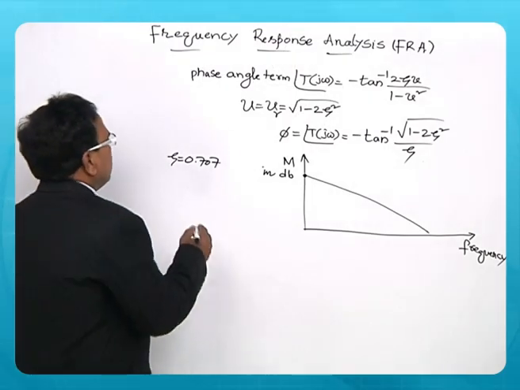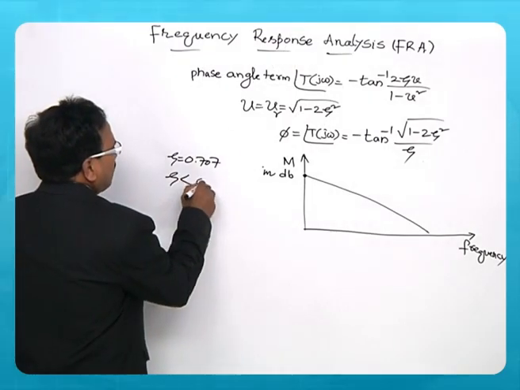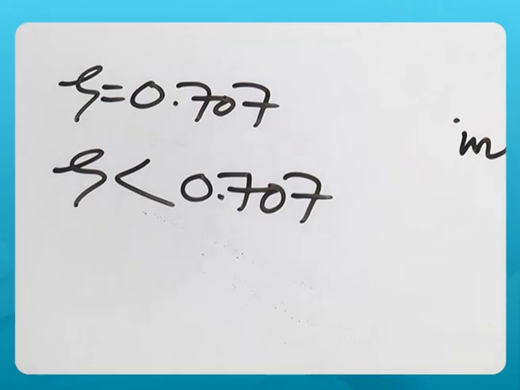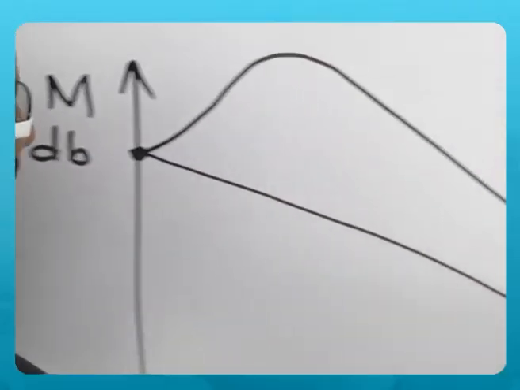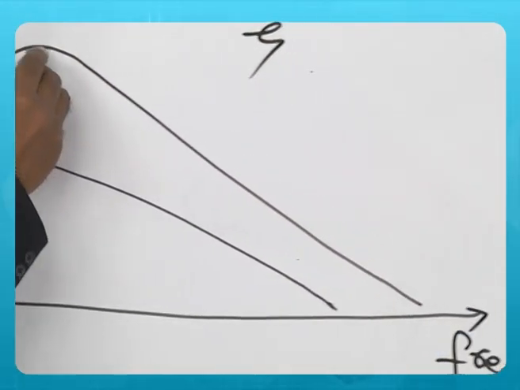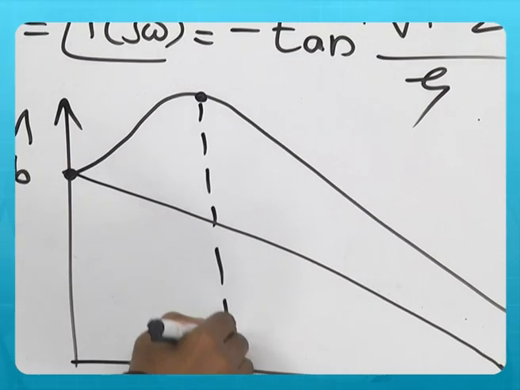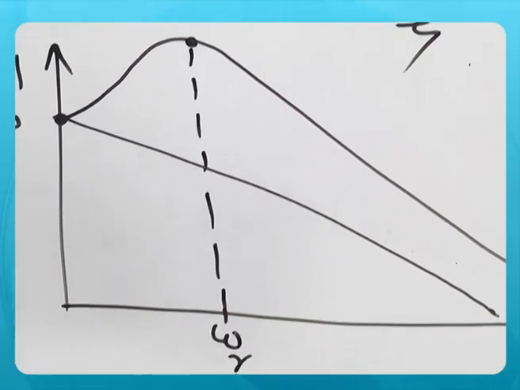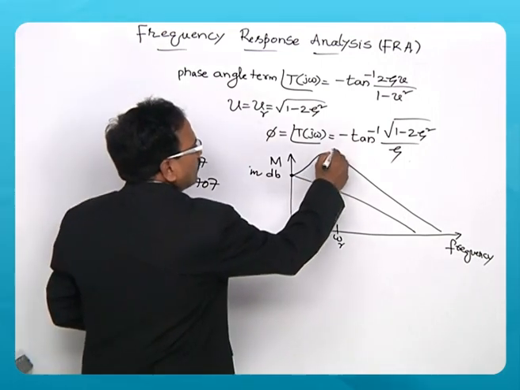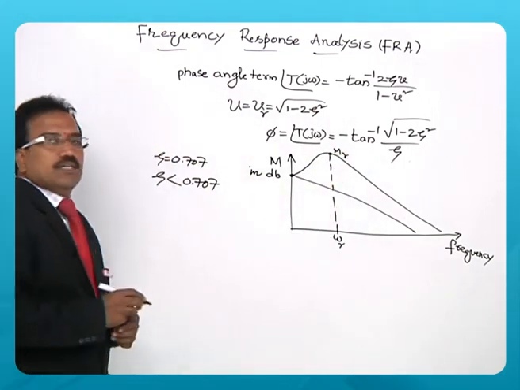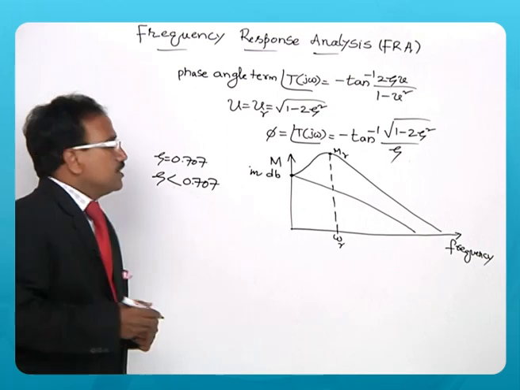But if you consider zeta less than 0.707, then the curve you get is like this. So you can find the resonant peak at the resonant frequency, the maximum value, when zeta is less than 0.707.